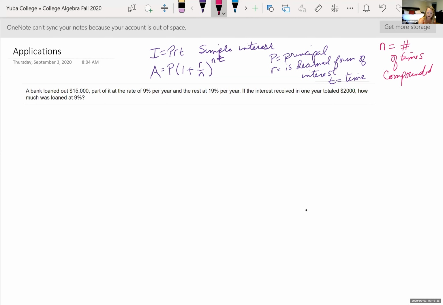So a bank loaned out $15,000, part at a rate of 9% per year, and the rest at a rate of 19% per year. If the interest received in 1 year is a total of $2,000, how much was loaned at 9%?